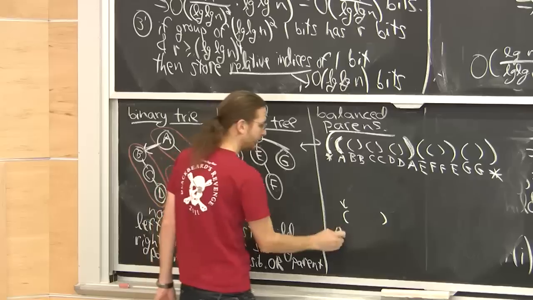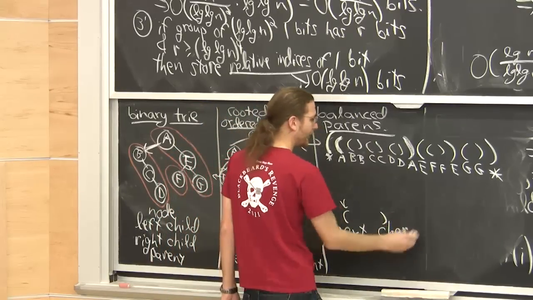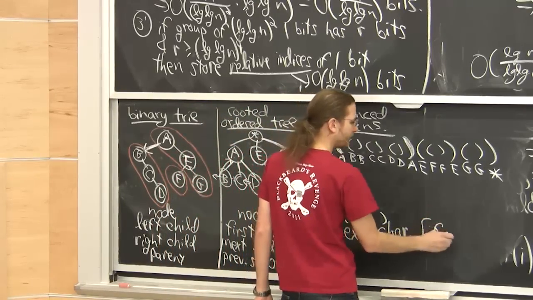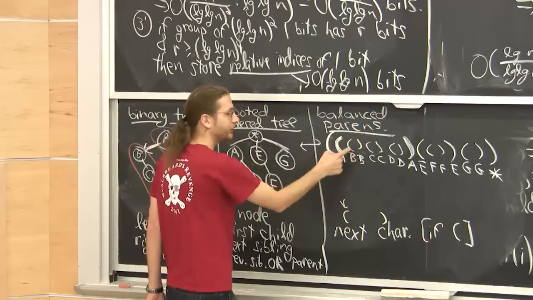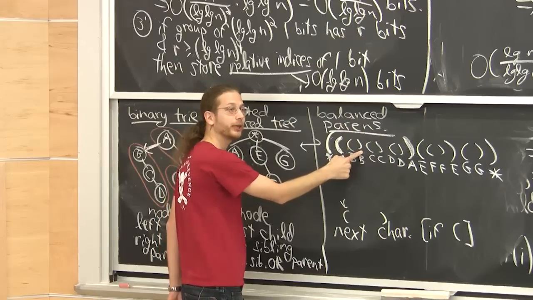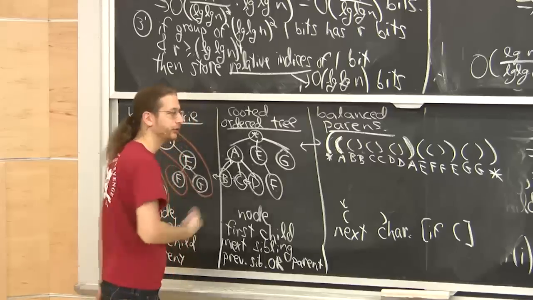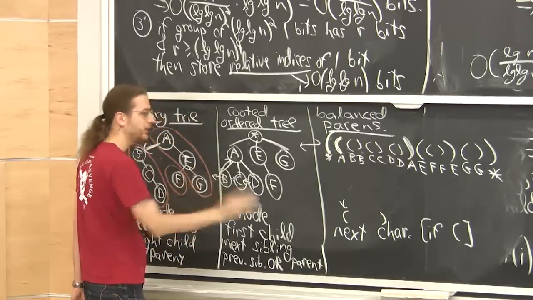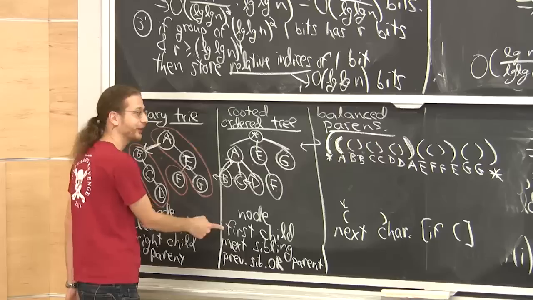So this is really the next character. If we want to find the first child, this is if it's an open paren. It could be the very next, like if you're doing B, the very next character is a closed paren. That means there are no children. Okay, but that's how you can tell whether there's a child. If there's an open paren right after your open paren, that's your first child.